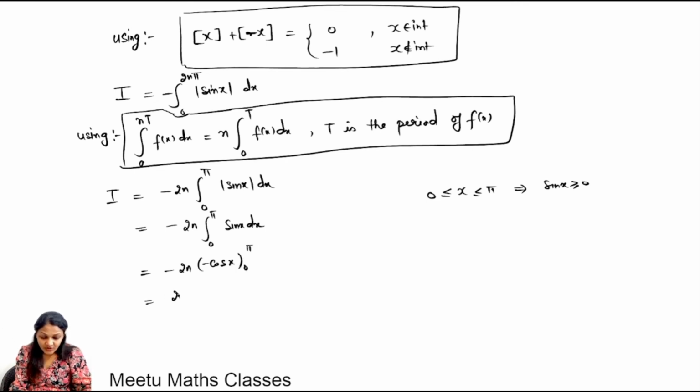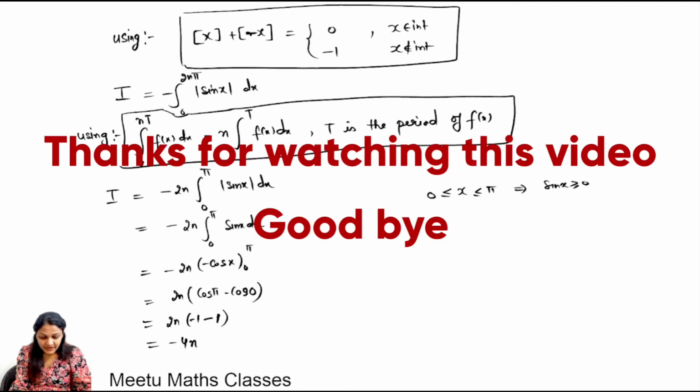Minus can be taken out. Now substituting the limits, cos pi minus cos 0. Cos pi is minus 1. Minus cos 0 is again minus 1. So this will give you minus 4n. And that is your answer.